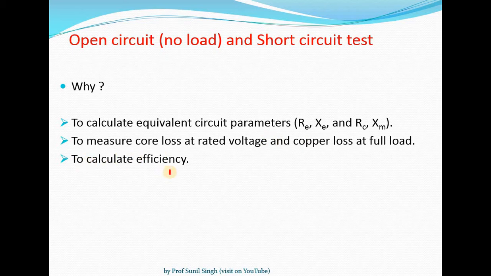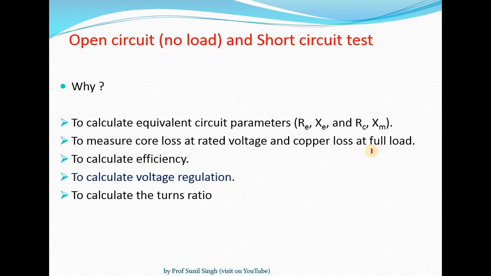And how to calculate the efficiency? By measuring the losses. The core loss is measured at the rated voltage while copper loss is measured at the full load value. The next objective is to find out the voltage regulation. Once we calculate these parameters, the voltage regulation at full load can be easily found out.